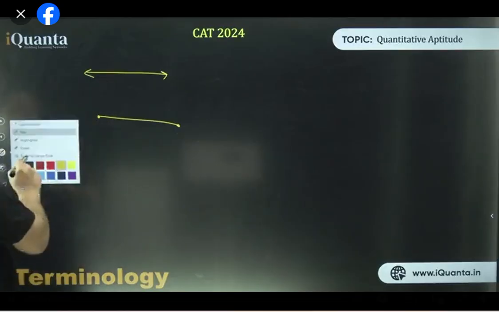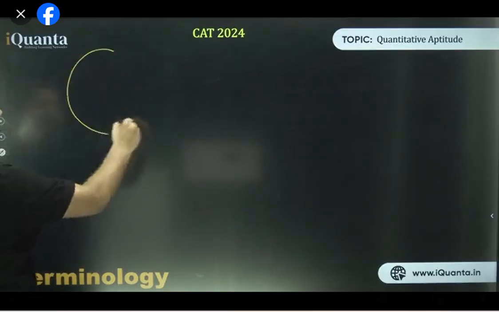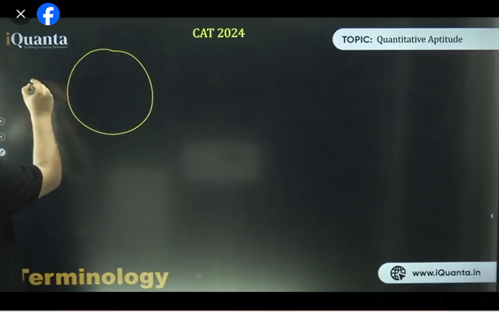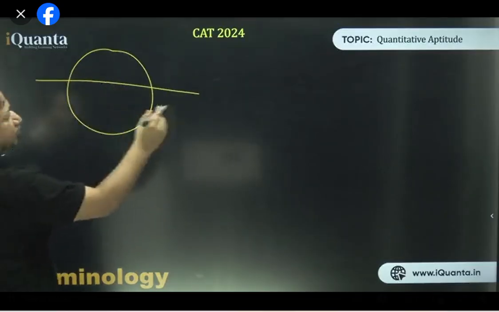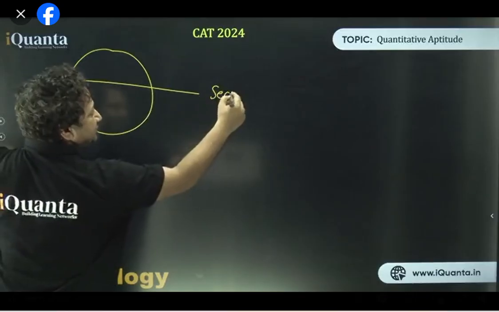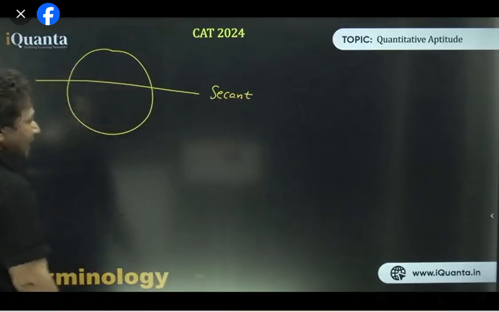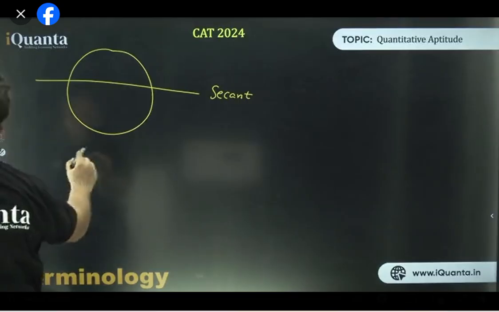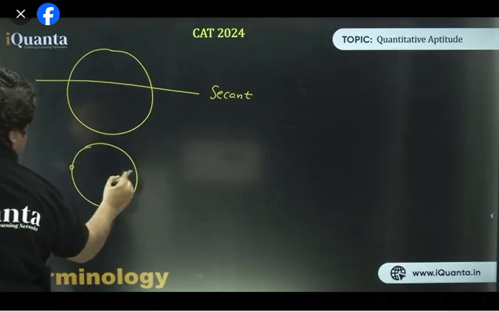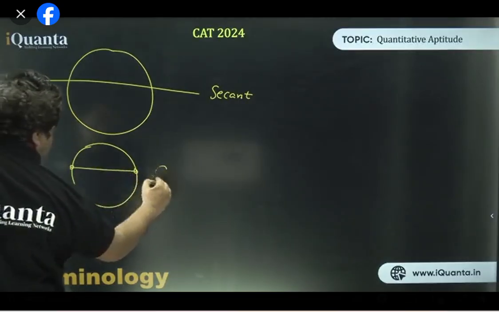So in case of circles, this is a line which is crossing the circle at any two points. It will be known as a secant. And as I showed in the previous diagram, when it was joining any two points, it was called a chord.